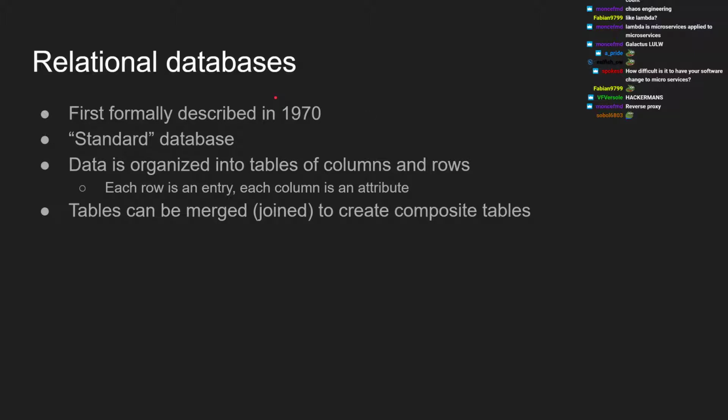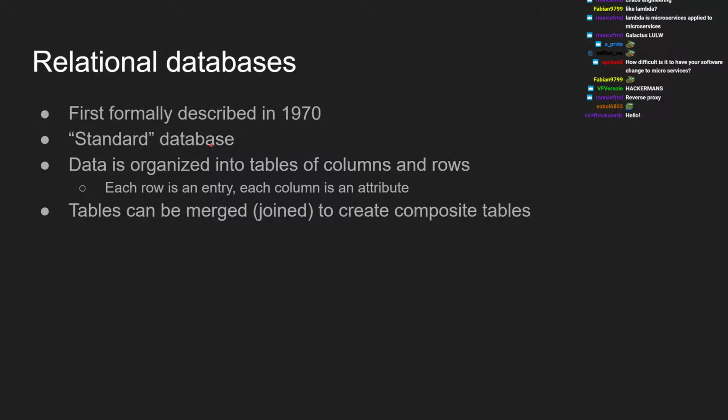The most popular databases are called relational databases, which were first formally described in 1970. When you just say database, the first kind of database that people think of is relational databases. Data is organized into tables of columns and rows. So if you're wondering, yes, Microsoft Excel is a relational database. It's got tables of columns and rows.